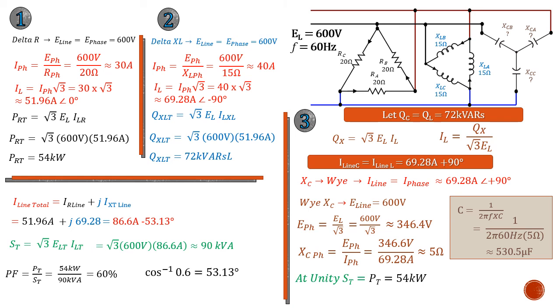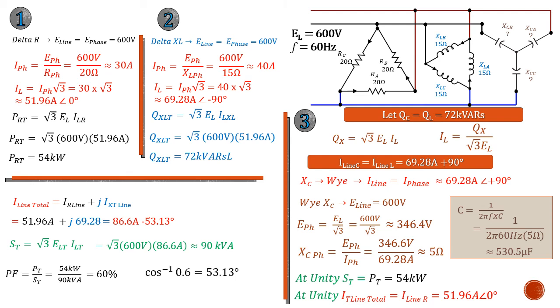Since our source now only has to supply the true power part of the network, then at unity, our I line total is now equal to the line current of the resistive network, which is 51.96 amps. So by correcting the power factor, our current went from, when it was an RL network, 86.6 amps, to now only having to supply 51.96 amps.